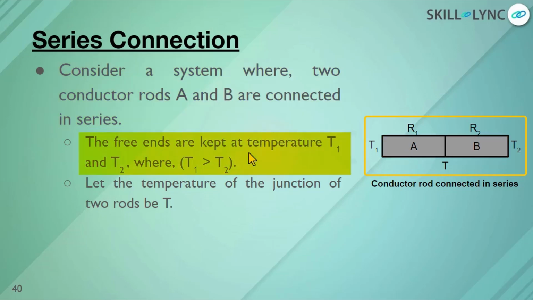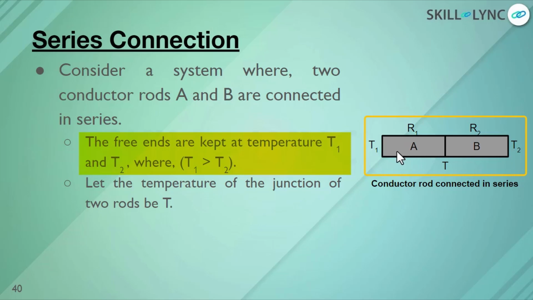The free ends are kept at temperatures T1 and T2, where T1 is greater than T2. As shown in the figure, the free end of A and the free end of B are kept at temperatures T1 and T2.